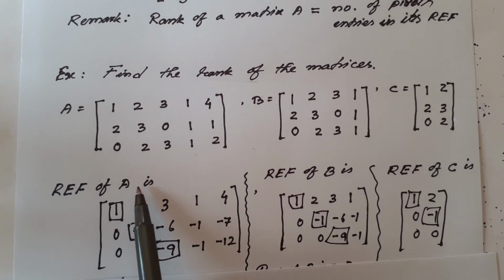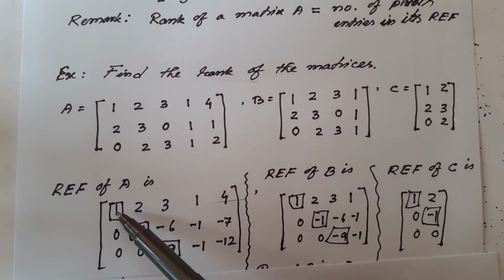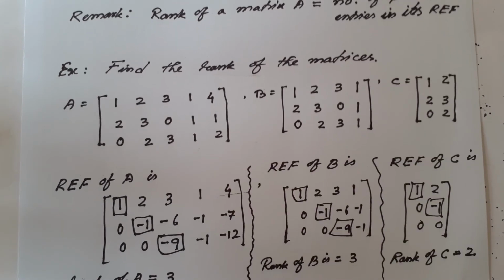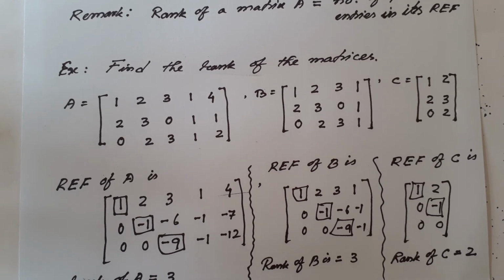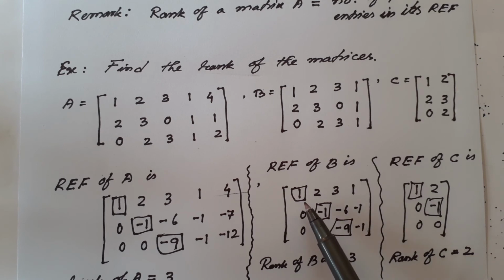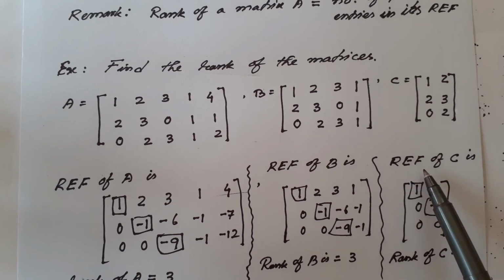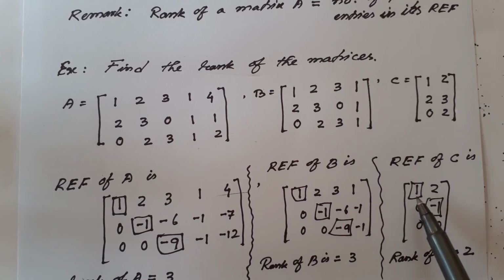Now the row echelon form of A has 3 non-zero rows, or say rather 3 pivots. So rank of A is 3. Row echelon form of B has 3 non-zero rows. So rank of B is also 3. Row echelon form of C has 2 non-zero rows. Third row is a 0 row.